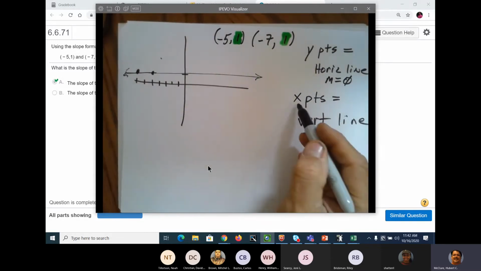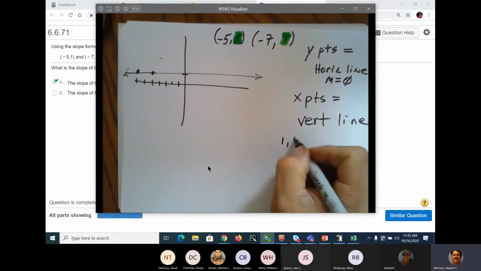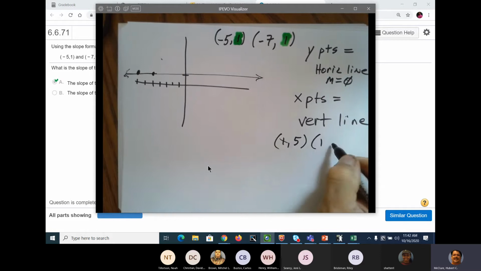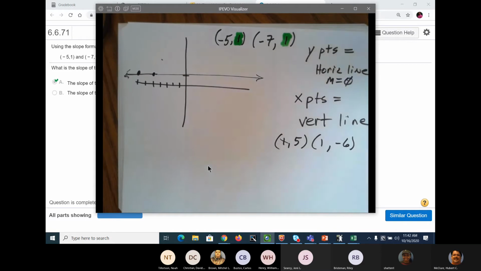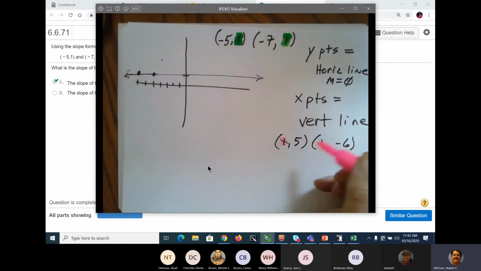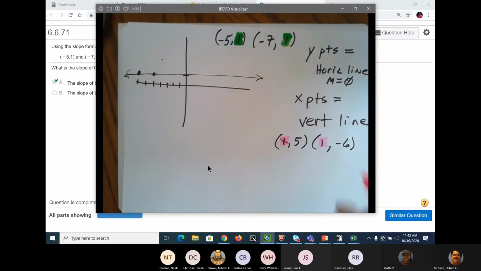If the x points, let's do 1, 5, 1, -6. Okay, I'm going to take my handy dandy pink highlighter and I'm going to highlight these ones because they're the same. My x points are equal.